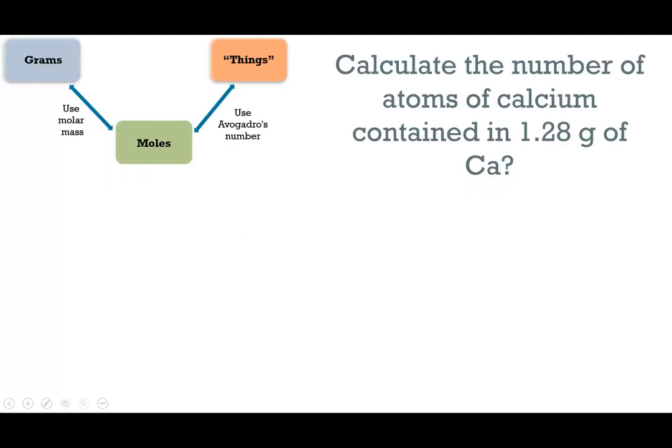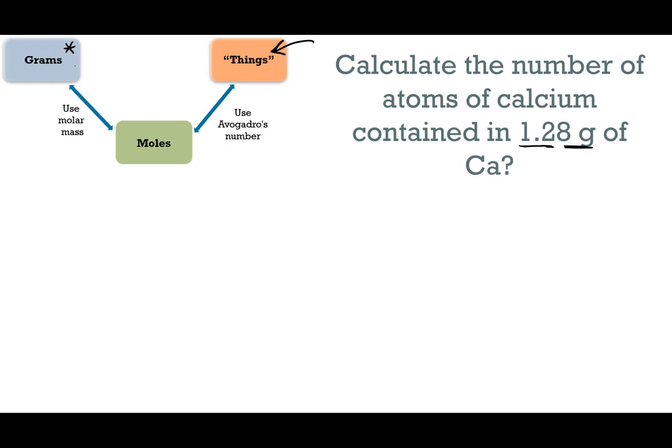So calculate the number of atoms of calcium contained in 1.28 grams of calcium. So 1.28 grams, I'm up here in the blue box. And I eventually want to get here to the orange box, but I can't just go directly over to the orange box. I have to make a detour.